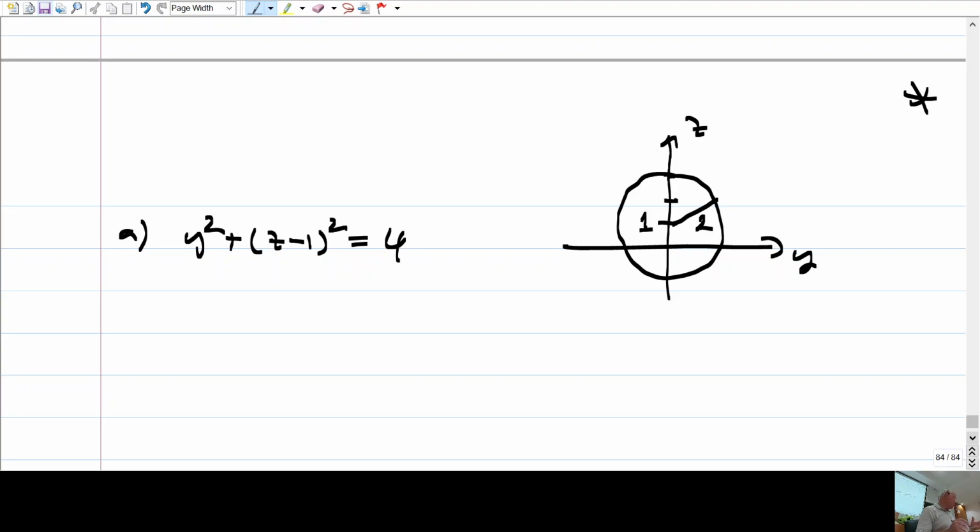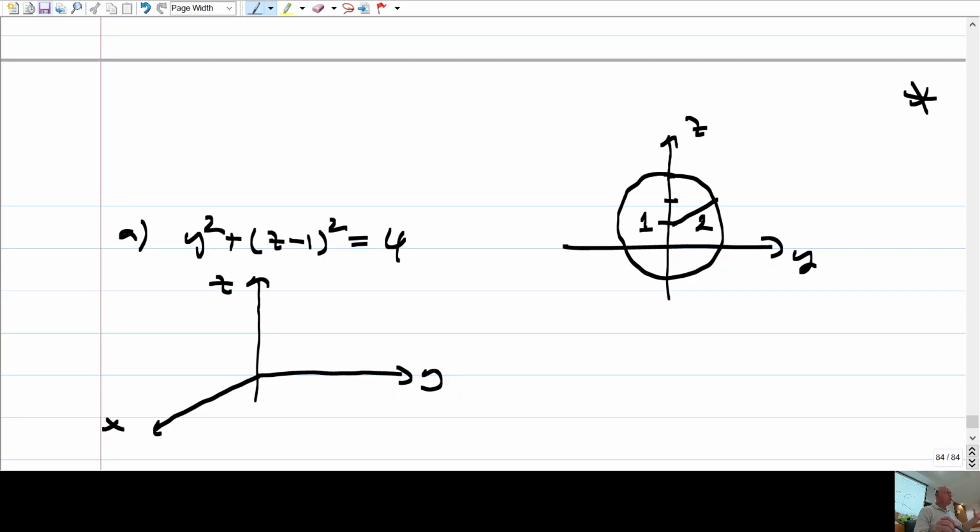But we should consider this in XYZ 3-space. How will we do this? Well, okay, let me just draw it like this. So in the yz plane, I have this circle, but then x is free.